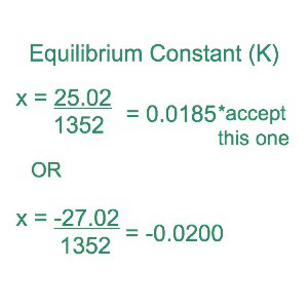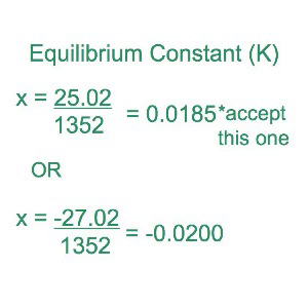For the N2O4, we said the concentration at equilibrium would be 0.25 minus x. So when I take 0.25 and subtract 0.0185, I get 0.2315 moles per liter.